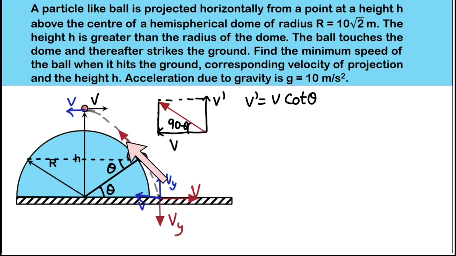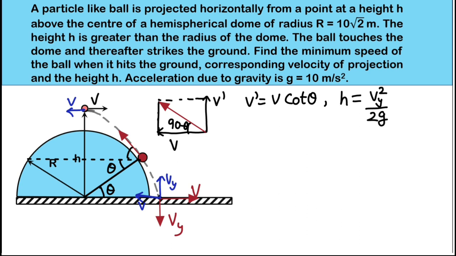So from here to here, we can say this part that is given as small h will be the maximum height, right? So we can just use this part also as maximum height h will be equal to Vy square by 2g. So vertical component of the velocity square Vy square by 2g, that we can say, right?